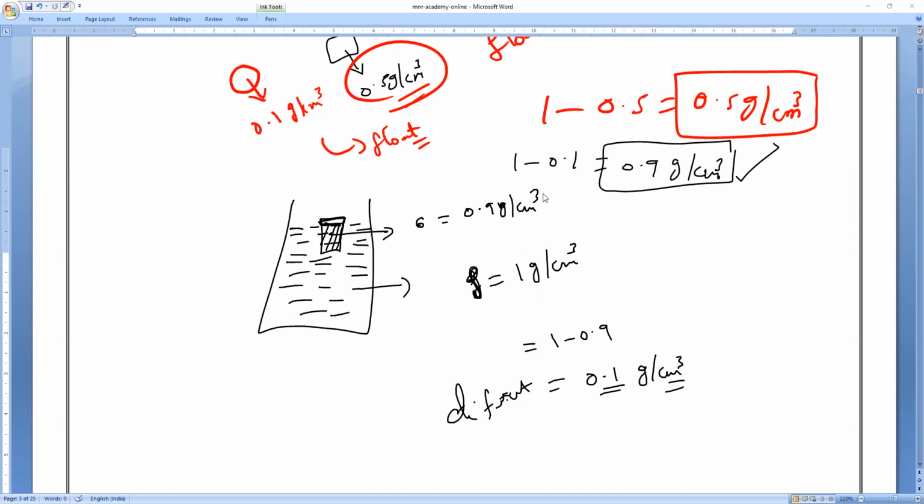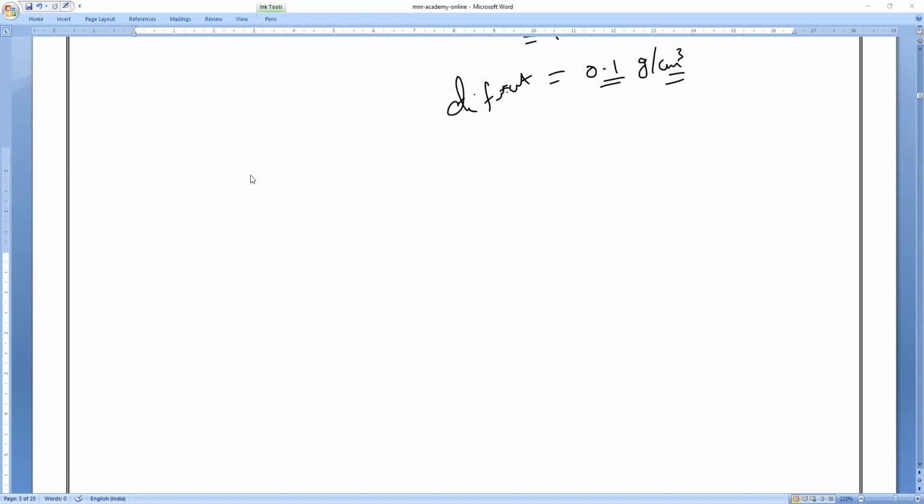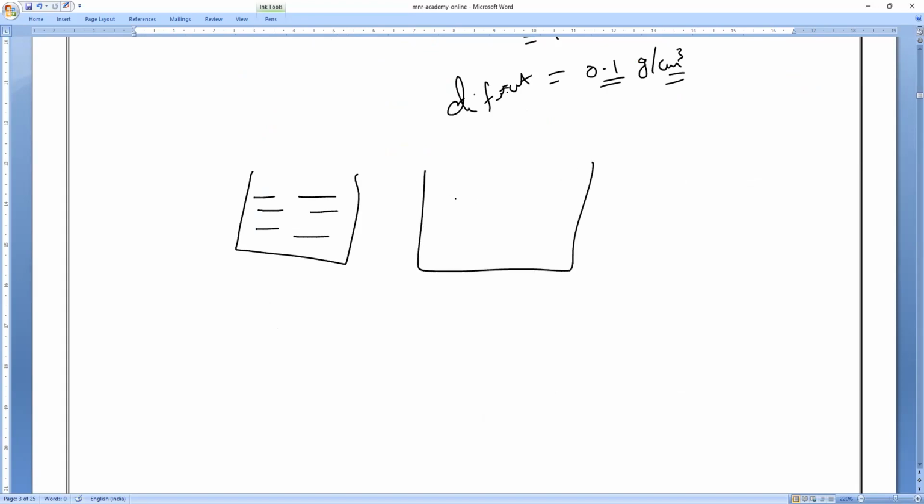Then the difference of density between the liquid and the immersed object is directly proportional to the buoyancy force. For example, take two liquids. One is water and another, suppose, glycerin.